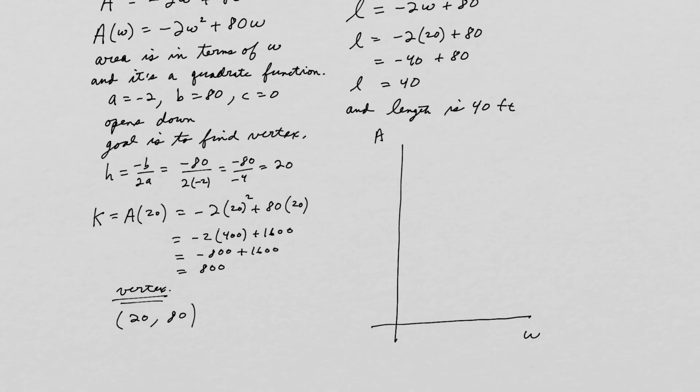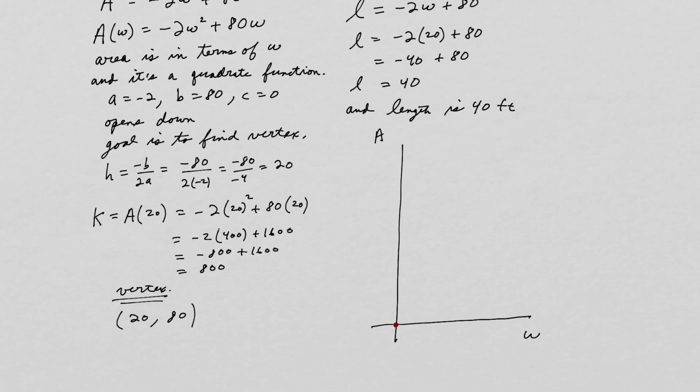And one of the points that it passes through is when the width is 0. So if I plug in 0 here, here's my equation. If I plug in 0 for width, I'm going to get 0 for the area. So one point is 0, 0. And then it also turns out when the width is 40, if I plug in 40 here, so 40 squared times negative 2 plus 80 times 40, that's also equal to 0.